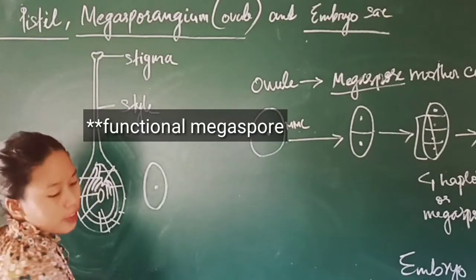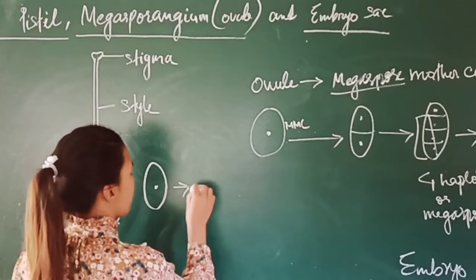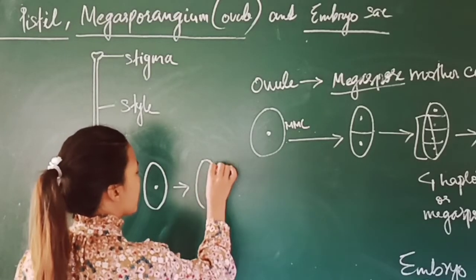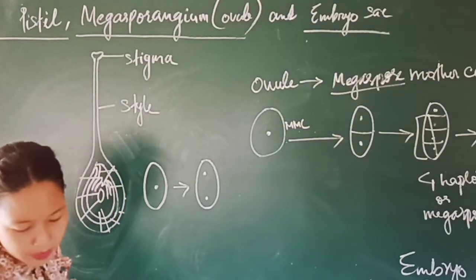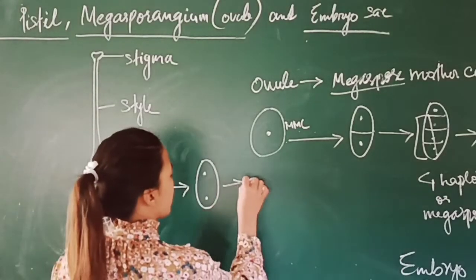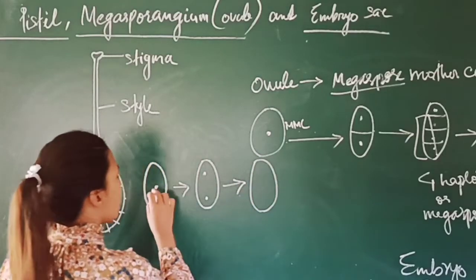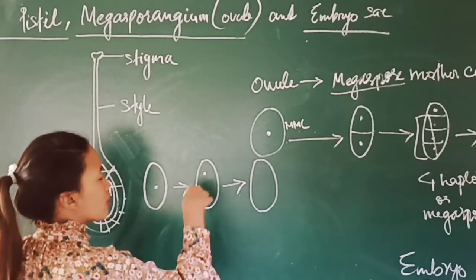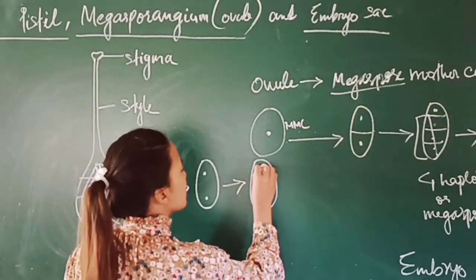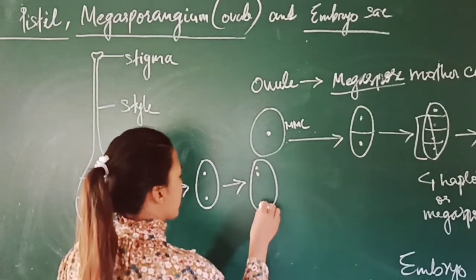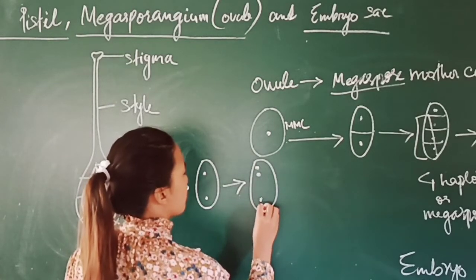Here they undergo mitosis. They divide mitotically and give rise to two nuclei. When they divide again, these two nuclei go towards the poles, and they divide again mitotically. So we have 4 nuclei.